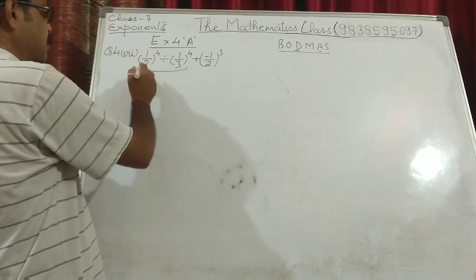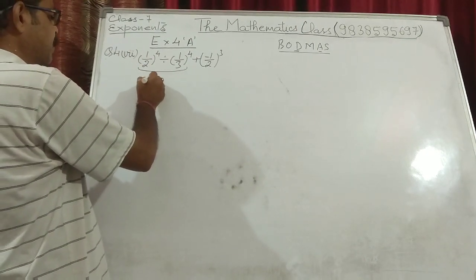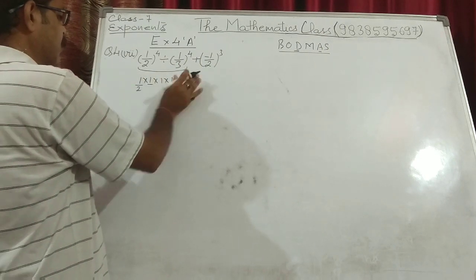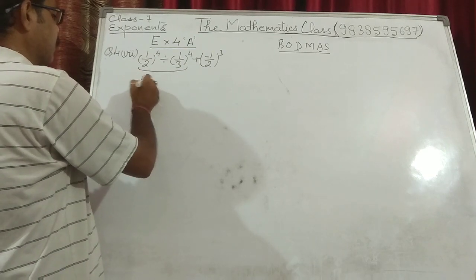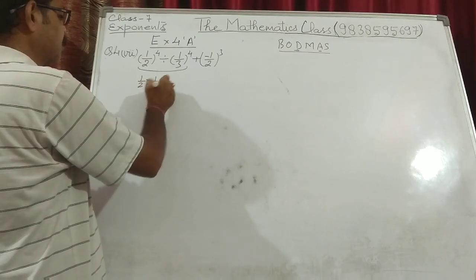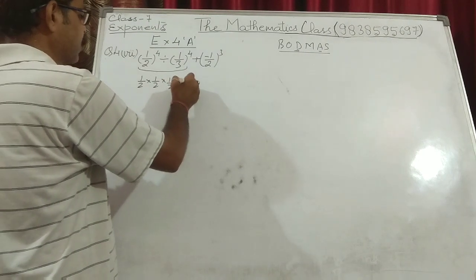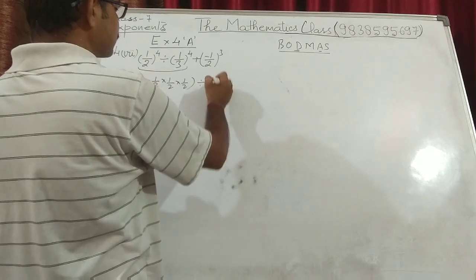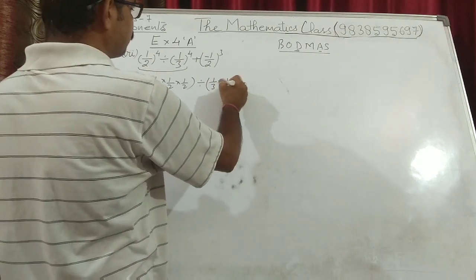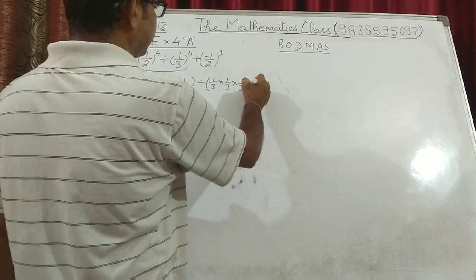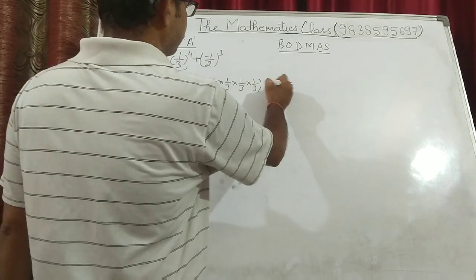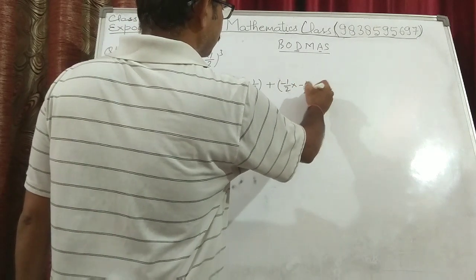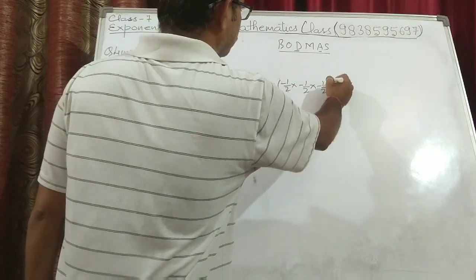Now 1 upon 2 to the power 4 can be written as 1 upon 2 into 1 upon 2 into 1 upon 2 into 1 upon 2. Then there is a division sign, and then it is 1 upon 3 into 1 upon 3 into 1 upon 3 into 1 upon 3, and then plus minus 1 upon 2 into minus 1 upon 2 into minus 1 upon 2.